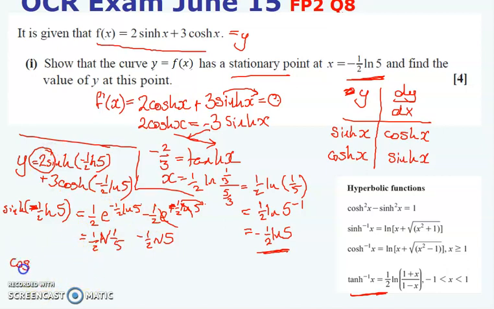When I do the cosh of all of this, minus a half log 5, that becomes a half of e to the minus a half log 5 plus a half of e to the plus a half log 5.